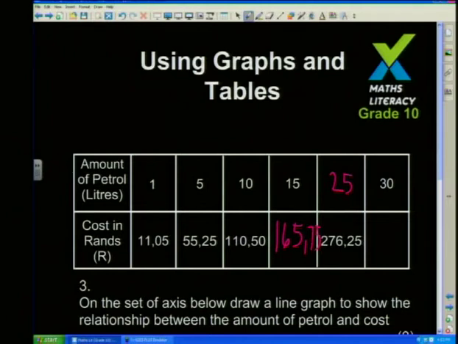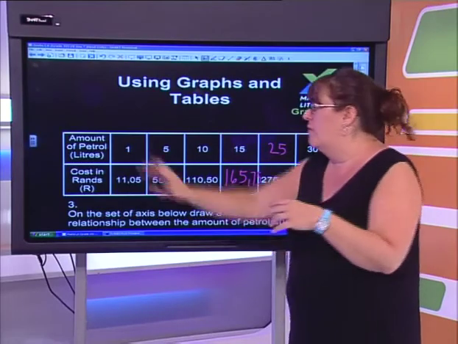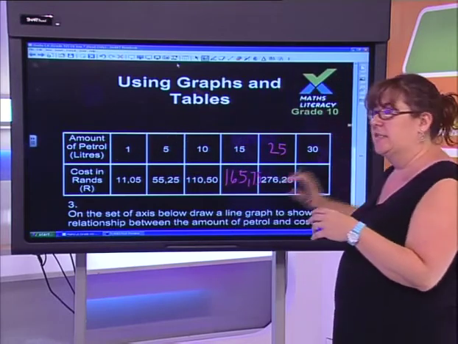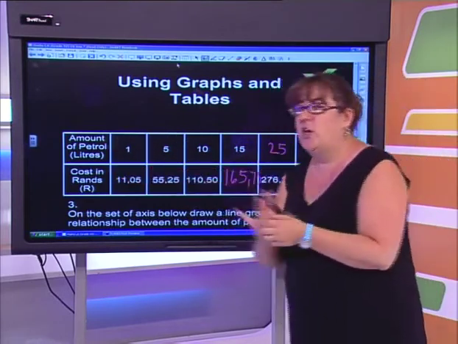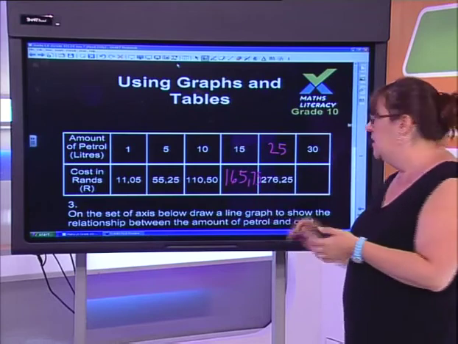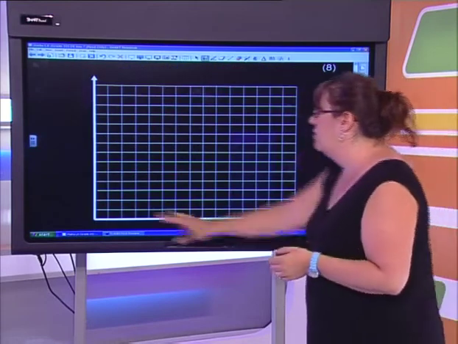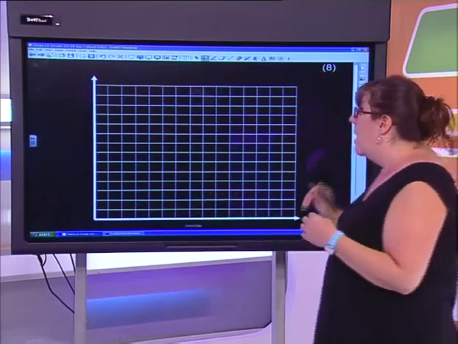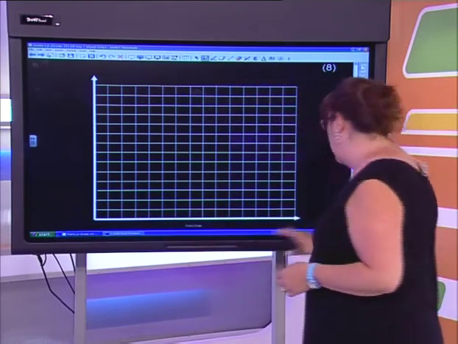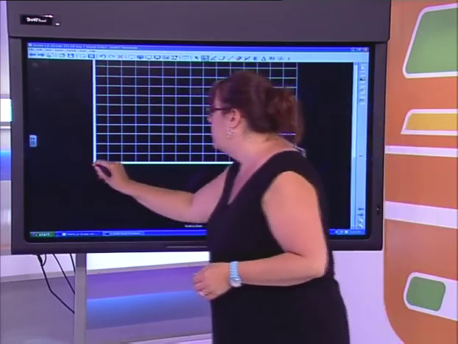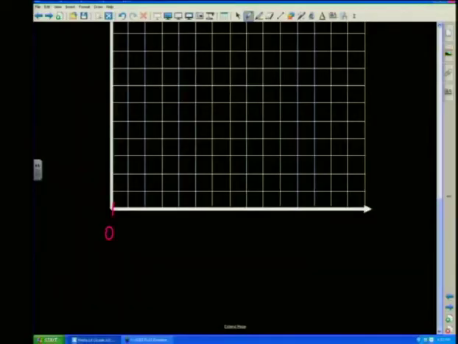Right. What I want to say to you is set up your graph. We know this needs to be on the x-axis, so I need to basically go from 0 to 30. So on my x-axis, I need to go from 0 to 30. So I'm going to try this quickly. 5, 10, 15, 20, 25, 30.